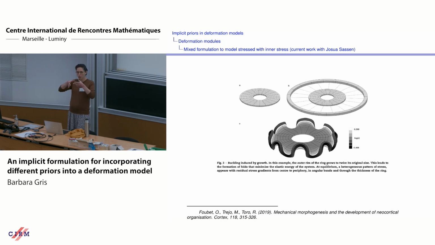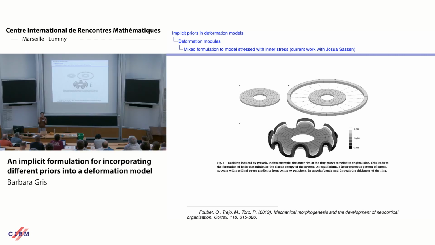So if you have a small growth, your ring will remain flat. And at some point, if it grows too much, there is too much stress accumulated in your ring. And a small instability, a small noise, will make your ring jump to this kind of pattern, and the part that will go up and the part that will go down will be determined by noise that you have in your data.